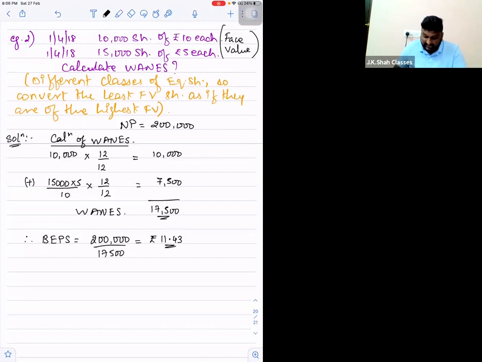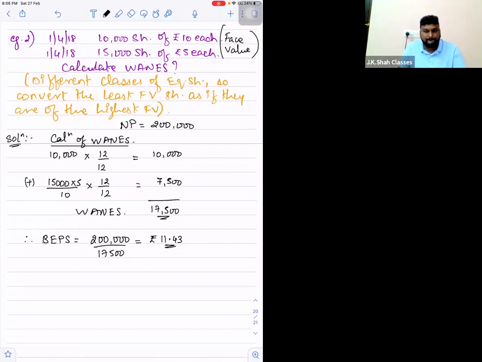Right? So technically, the face value 10 rupees shares will take 11.43 for 10,000 shares. And the 5 rupees face value shares will get 11.43 only, but not for 15,000 shares, but for 7,500 shares. That is, they will have half rights in the profits. So if the EPS is 11.43, they will get it only for 7,500 shares, not for 15,000 shares.